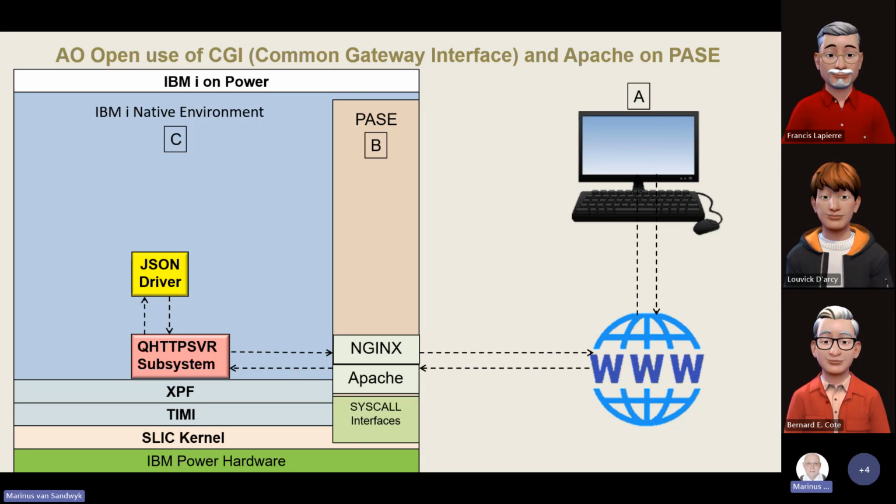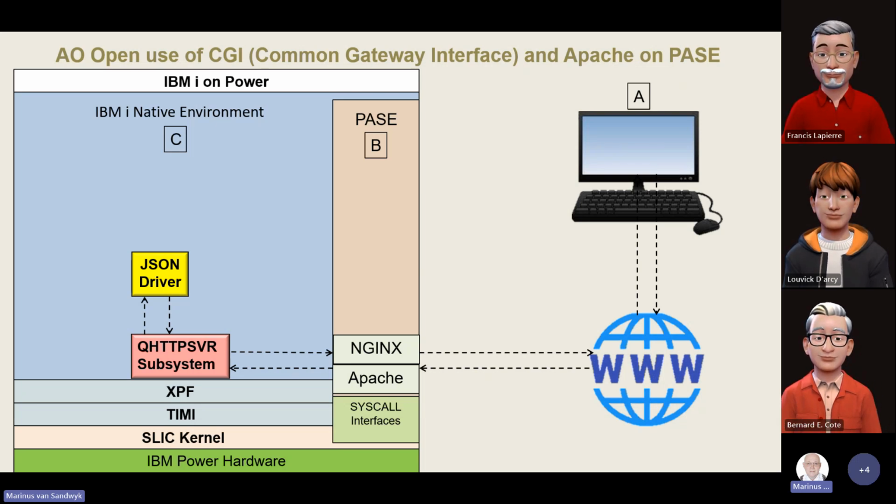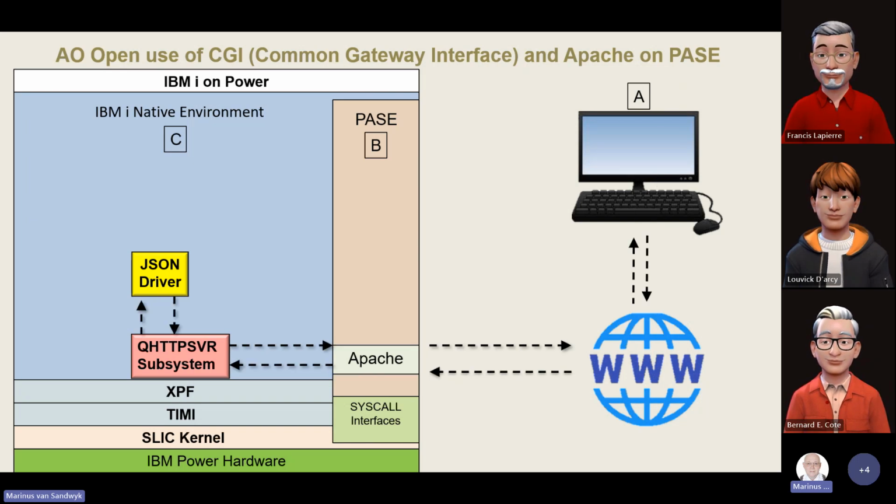For the next part of the explanation, I've tried to keep it as simple as possible from an animation perspective, because it's very important to get a feel for how everything actually communicates with each other. So for purposes of simplification, I'm going to drop Nginx out of the dance.